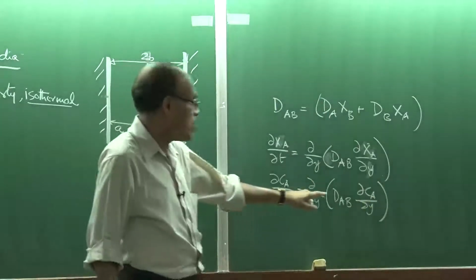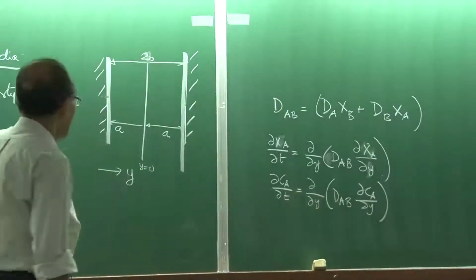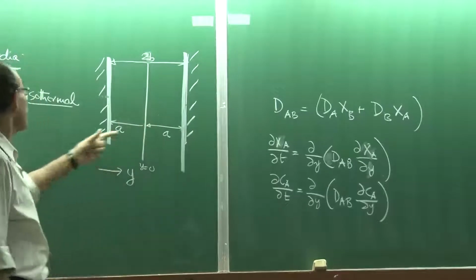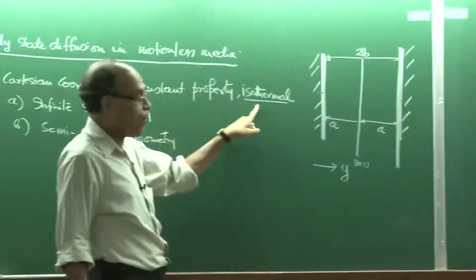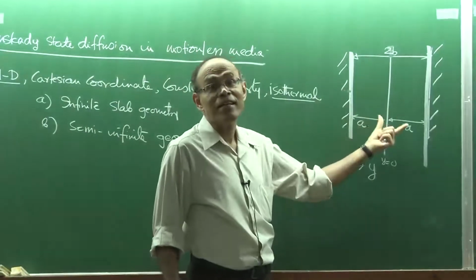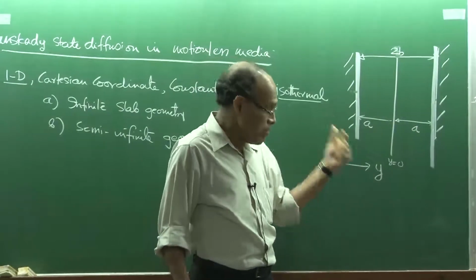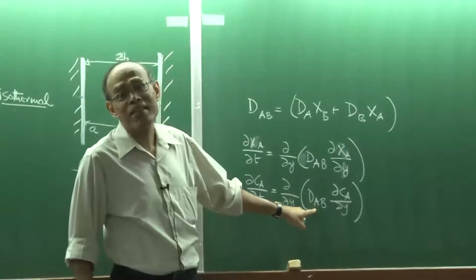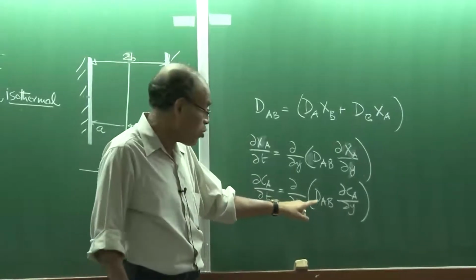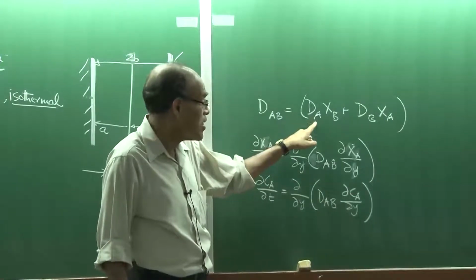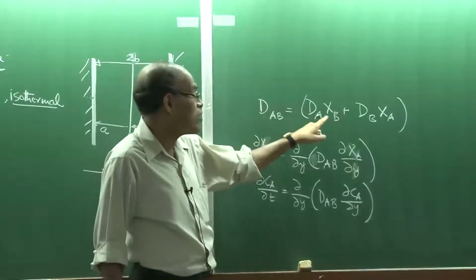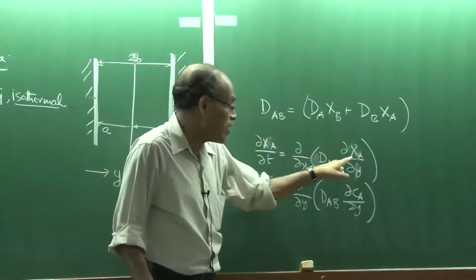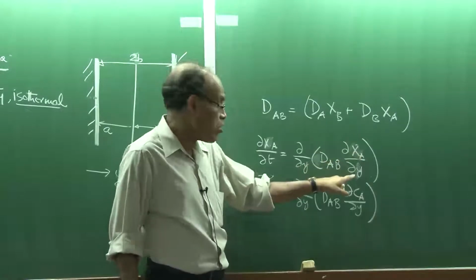Now, when we are dealing with the diffusion coefficient here, since it is an isothermal problem, this diffusion coefficient might be assumed constant. But mind it, this diffusion coefficient, even though the temperature may be constant, is not going to be constant, because by definition the interdiffusion coefficient is a function of concentration, and this concentration itself is a function of the distance.